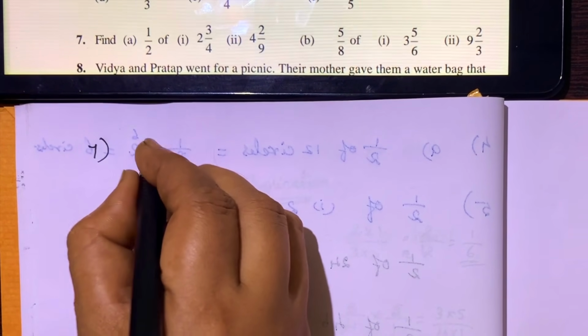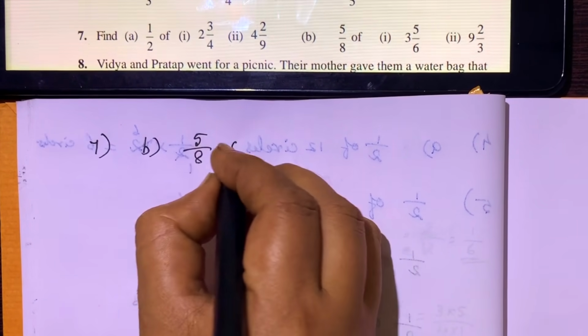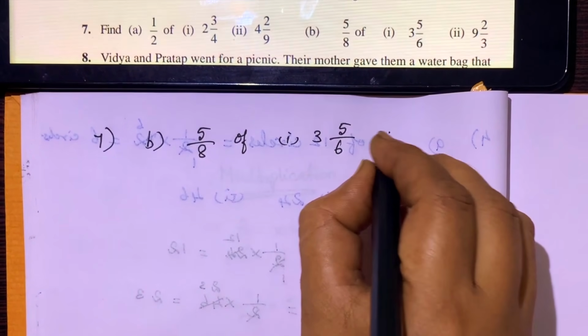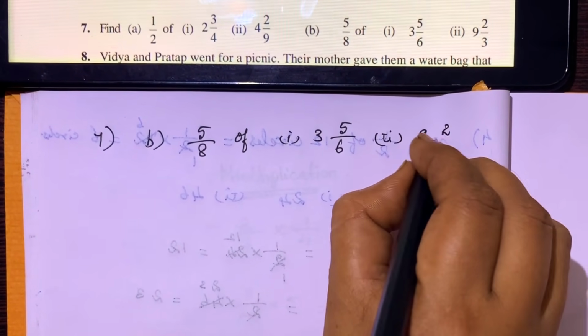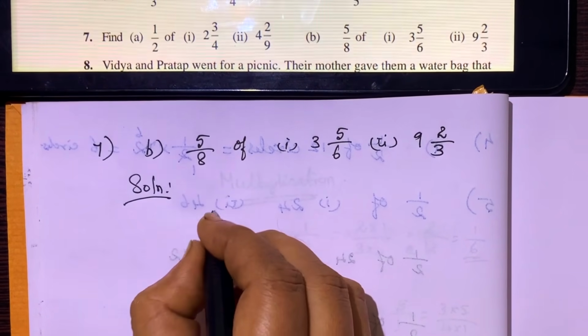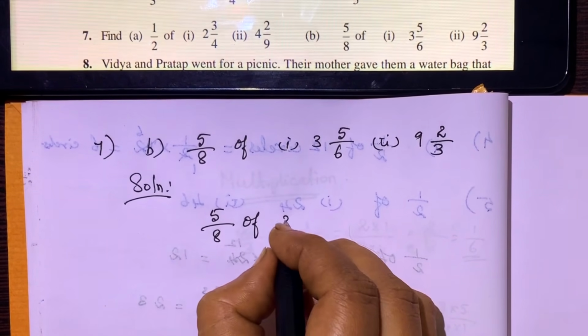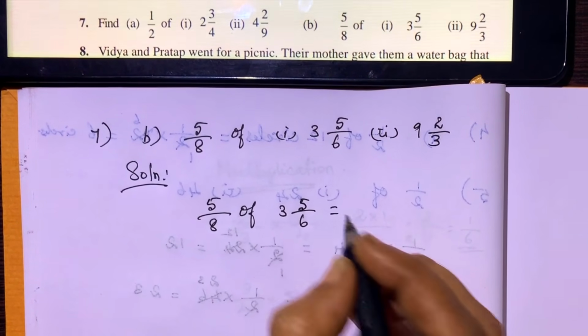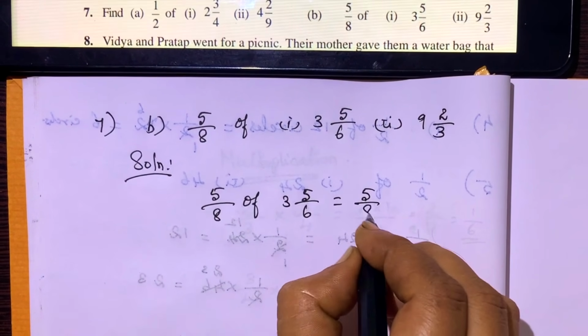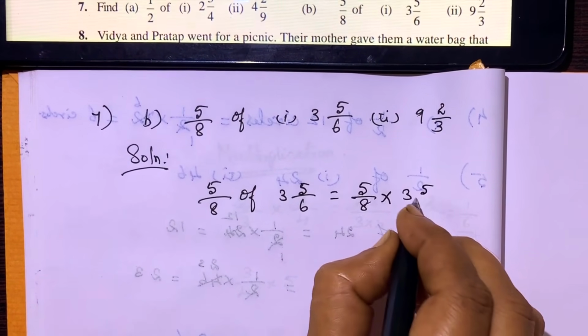So seventh one, B sum 5 by 8 of first 3 5 by 6, and the second subdivision 9 2 by 3. So the solution: 5 by 8 of 3 5 by 6 you have to find out. 5 by 8 of 3 5 by 6 is nothing but 5 by 8 into 3 5 by 6.